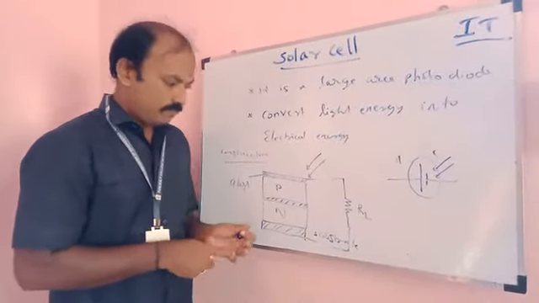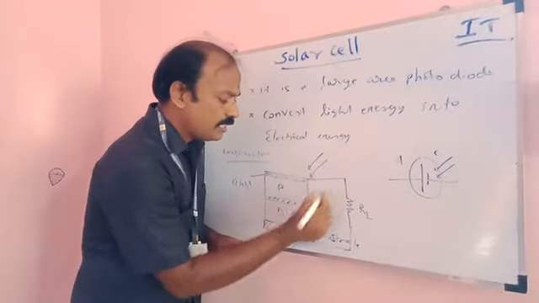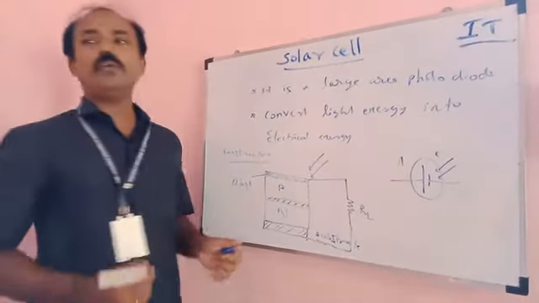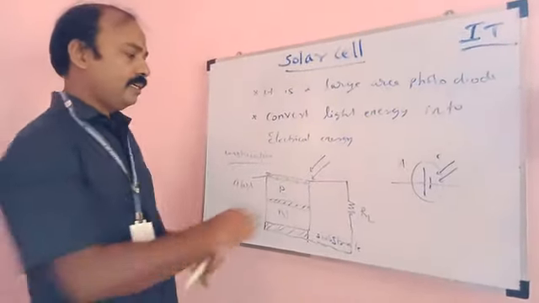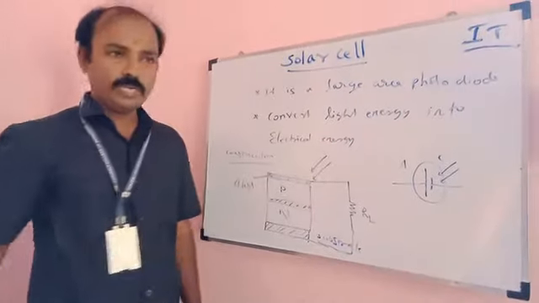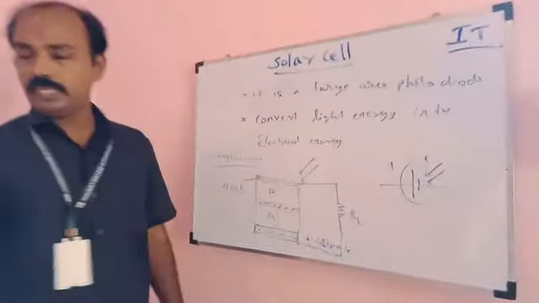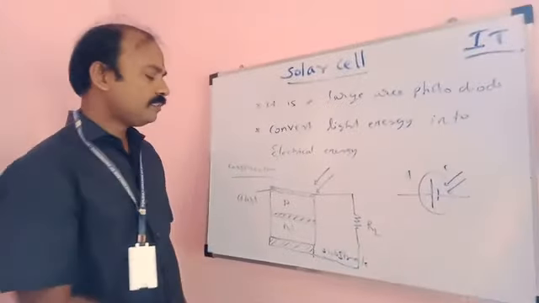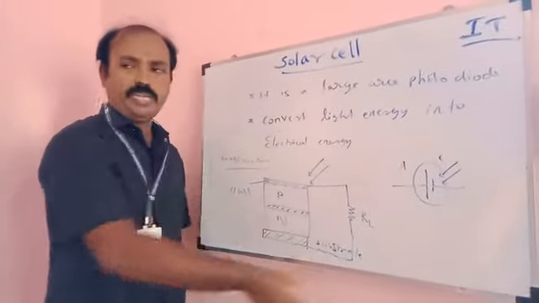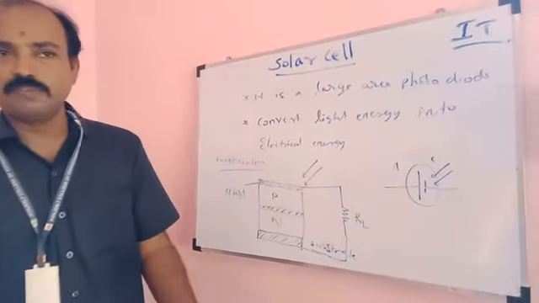So when the load resistance is connected, with the help of suitable metal conductors to this p and n type semiconductor, then automatically the flow will take place, that we call reverse current.